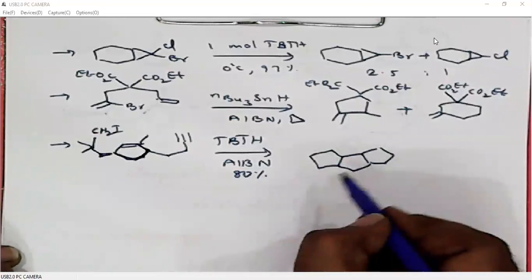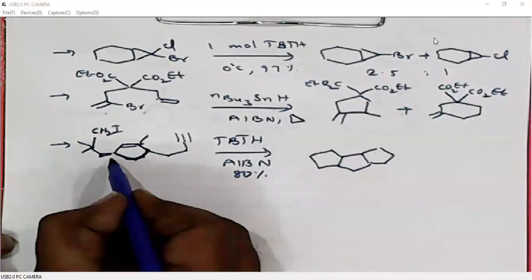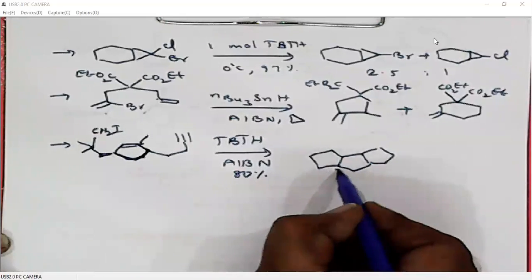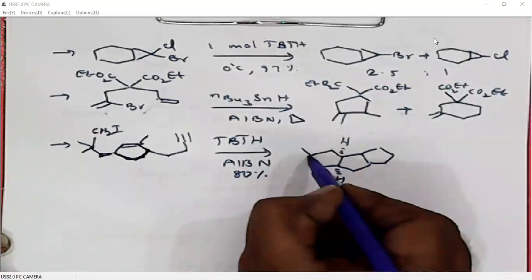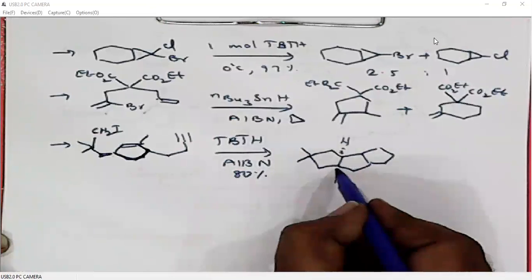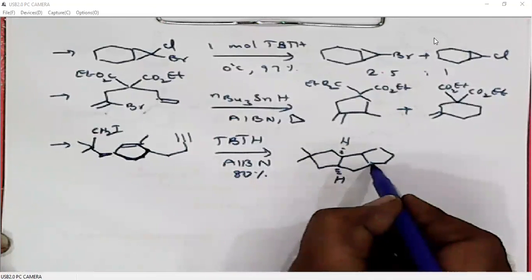We are generating 3 cycles in a single step because this hydrogen is below the plane. The other side also the hydrogen must be below the plane. Since this ring is like this, the other ring will be opposite.